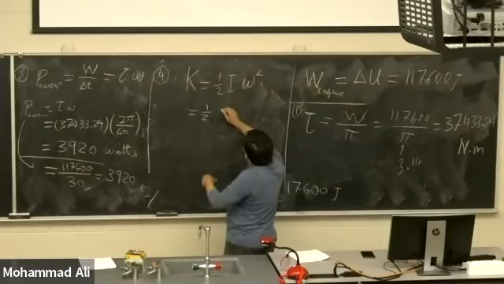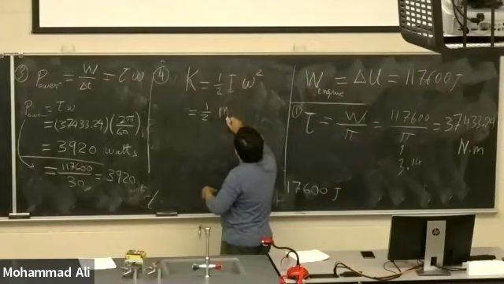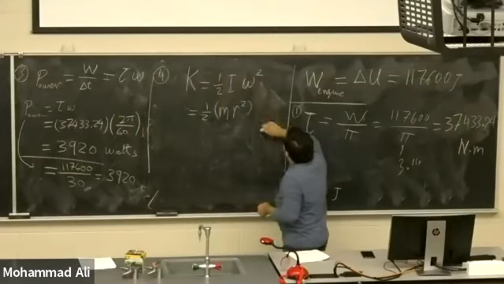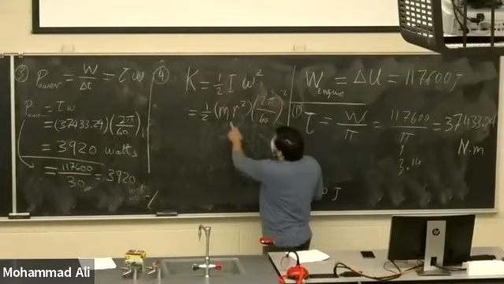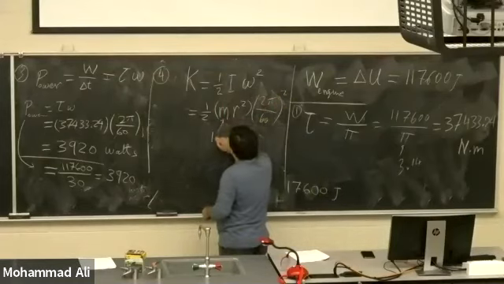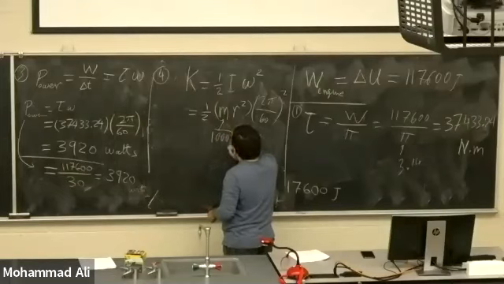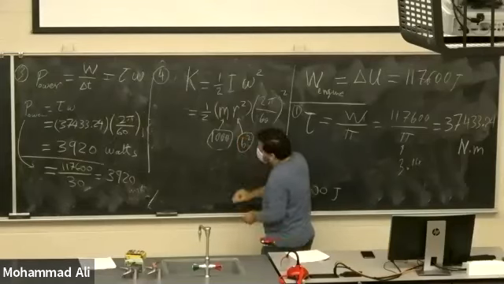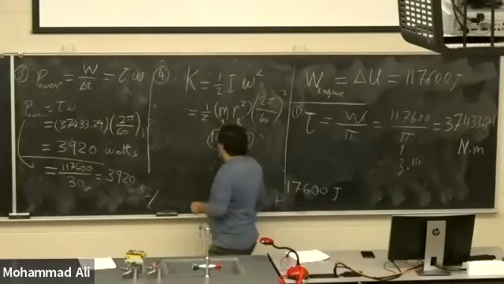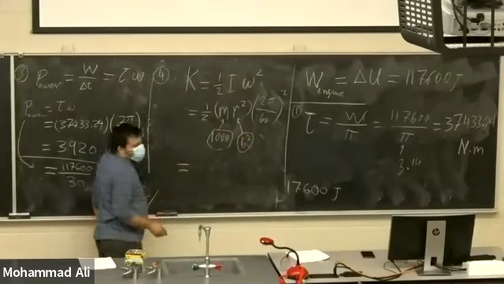So the moment of inertia will be mr squared, multiplied by omega, which is 2 pi over 60. We need to square it. M is 1,000. R is 6. We need to square it again.